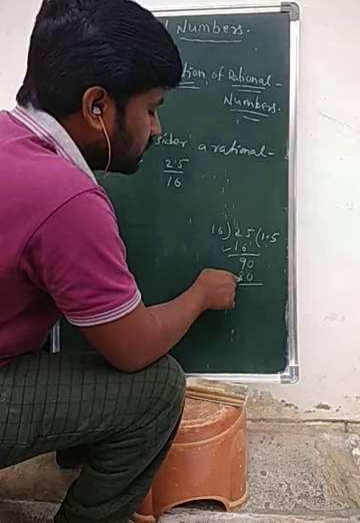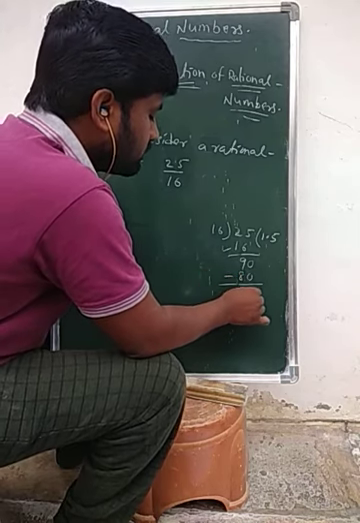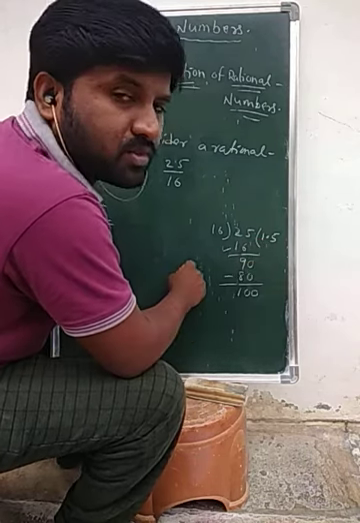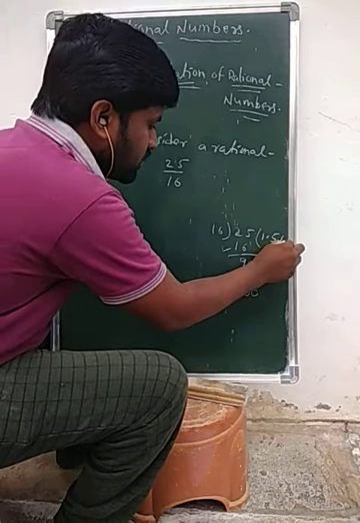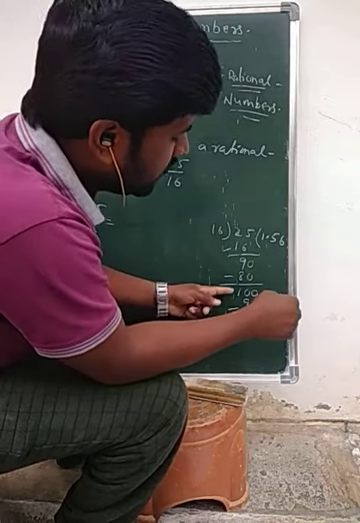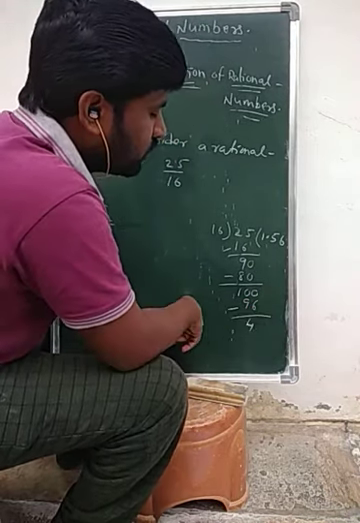By doing subtraction, 90 minus 80 is 10. Already your point is there, you take 0. Again, by reading the 16 table, 16 sixes are 96. Now 100 minus 96 means we get 4.